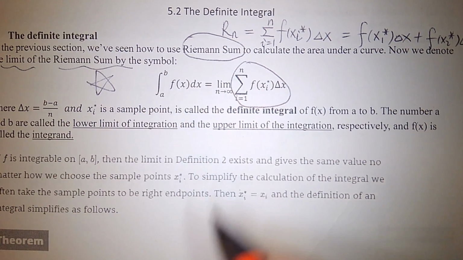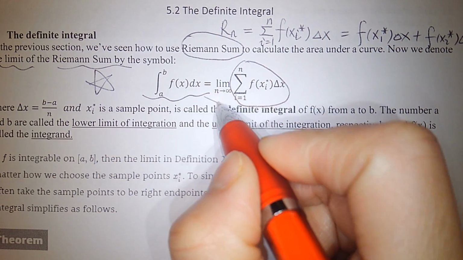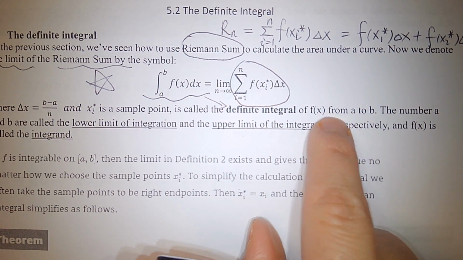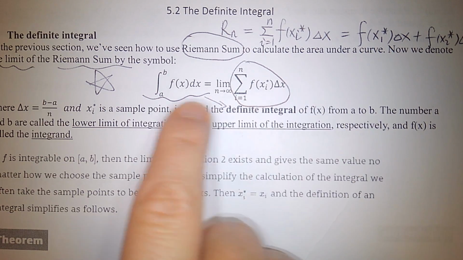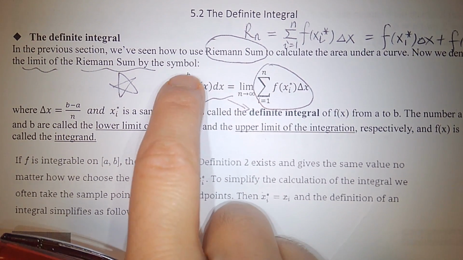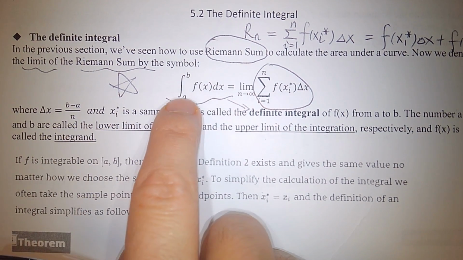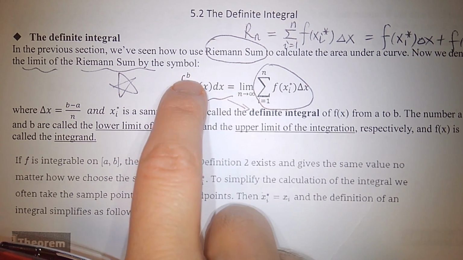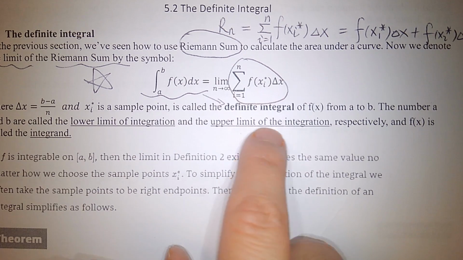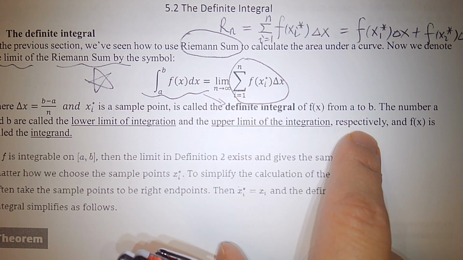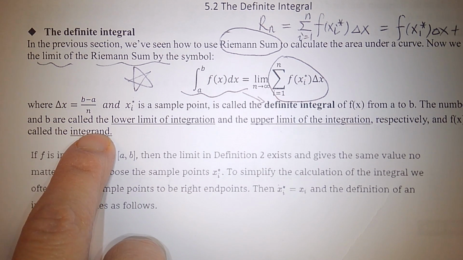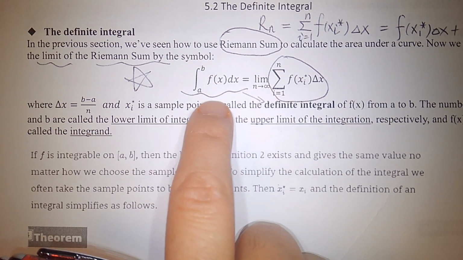This is called the definite integral of f of x from a to b. The numbers a and b are called the lower limit and the upper limit of integration, respectively, and f of x is called the integrand.